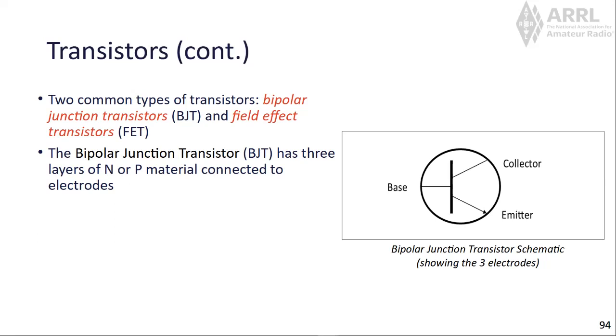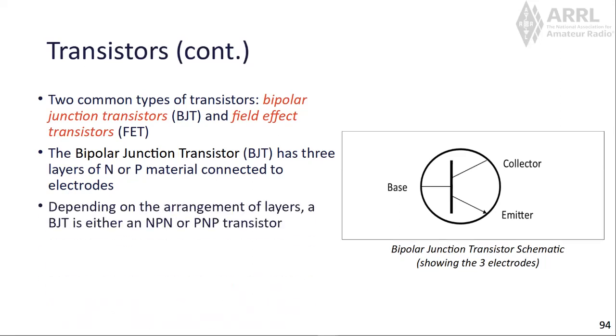If it was a PNP type, the arrowhead would be pointing at the bar. Okay, so that's the two variations you have on a bipolar junction transistor. Next. Depending on the arrangement of layers, a BJT is either an NPN or a PNP.